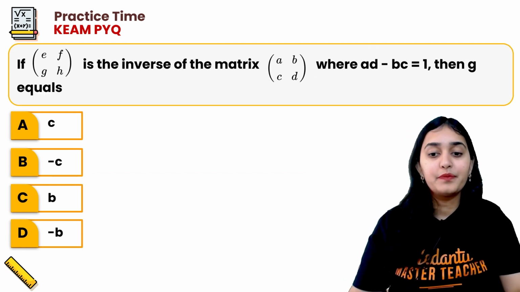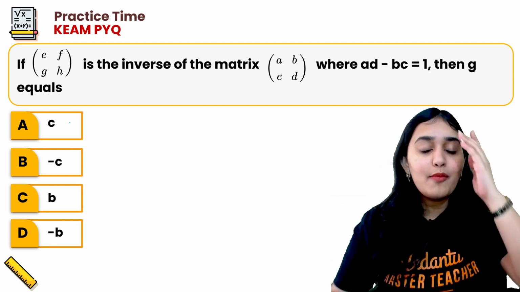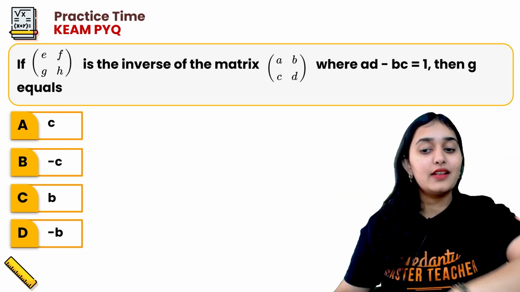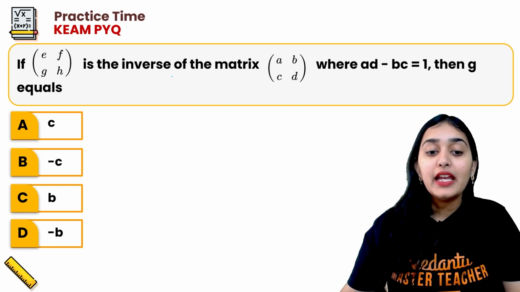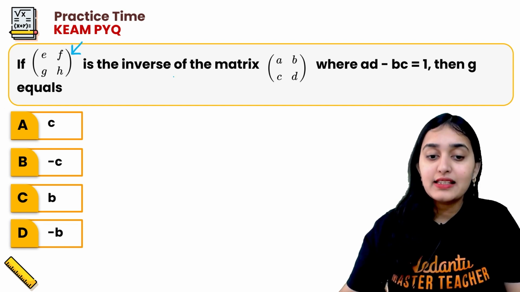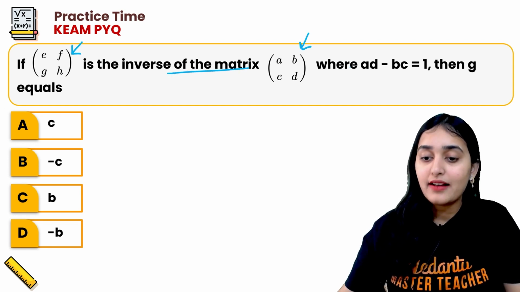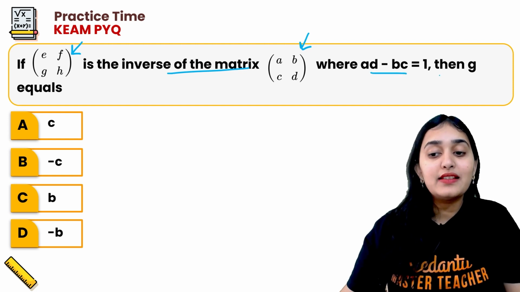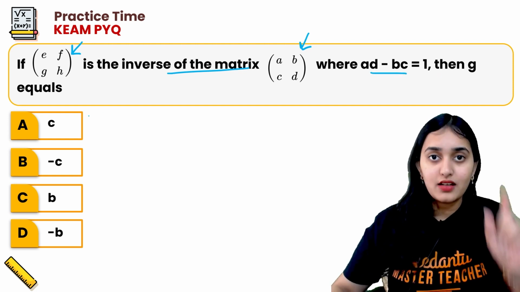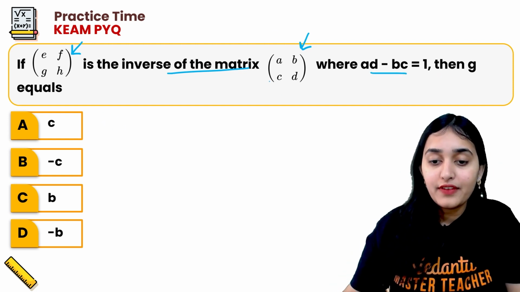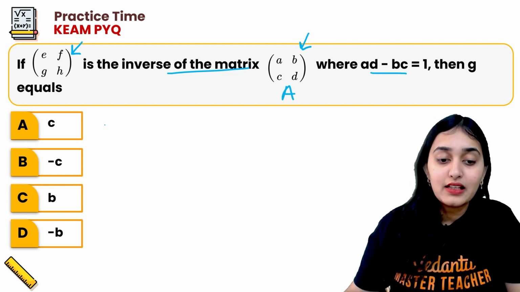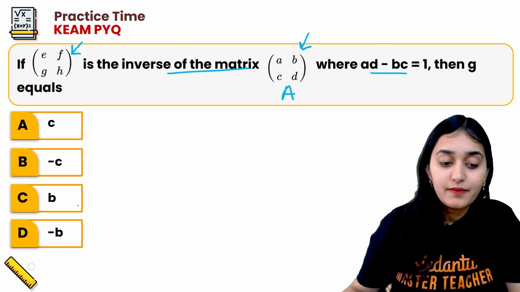Clear? Okay. Next, inverse of a matrix. I told you now these type of questions are asked every year. If this is inverse of this matrix where AD minus BC is 1, then G is equal to dash. First, let us suppose this is A matrix, what will be inverse of A?